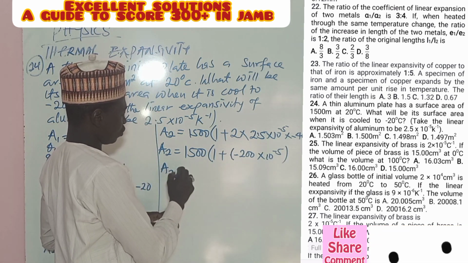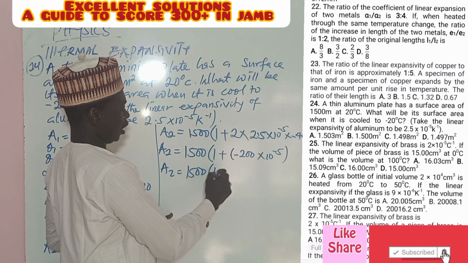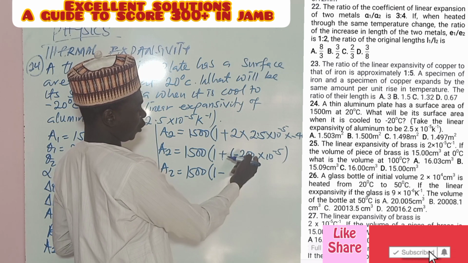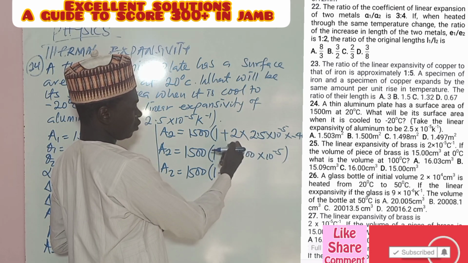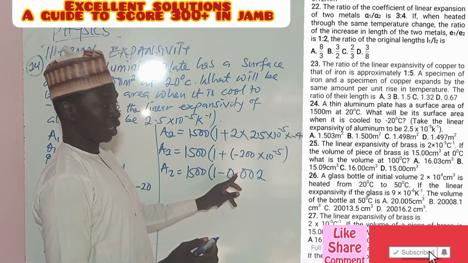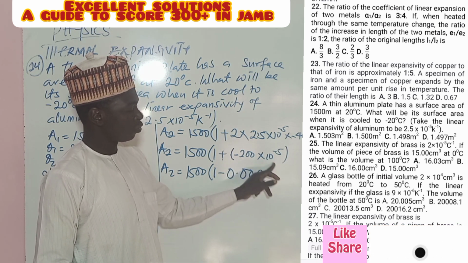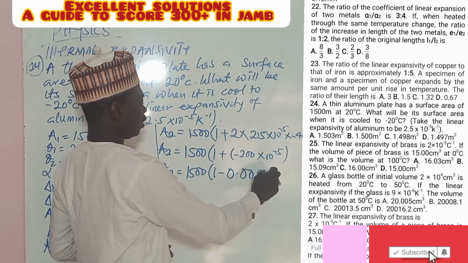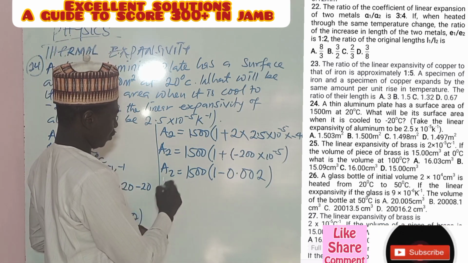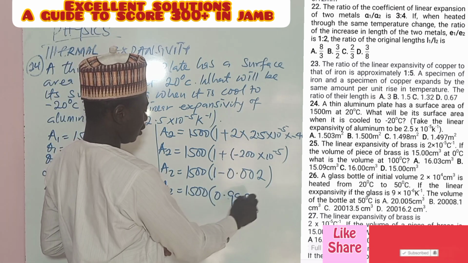So plus times minus is minus. We now have A2 equals 1500 bracket open 1 plus times minus is minus 200 exponential minus 5. We take our point backward 1 2 3 4 5. This is the same as 0.002. So if we subtract 0.002 from 1, we are going to have A2 equals 1500 bracket 0.998.